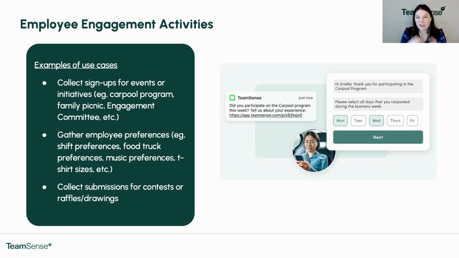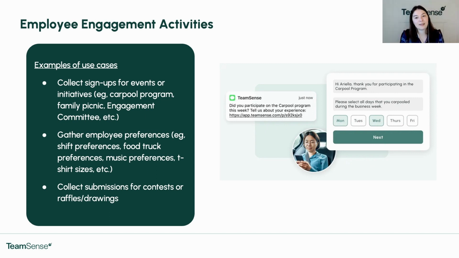But other fun things with this: food truck preferences, something that's come up. Music preferences, this one I love. We had a customer who plays a Pandora station in their warehouse, and they asked employees to vote on their Pandora station of choice.